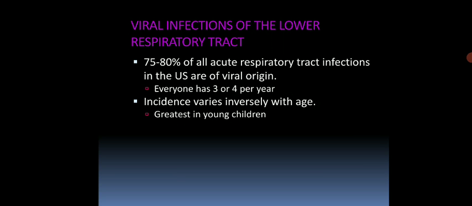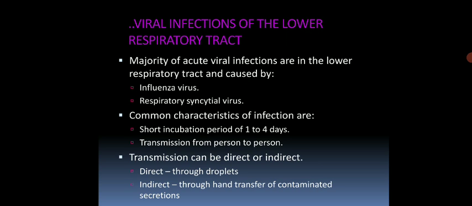Then in case of viral infections of the lower respiratory tract, 75 to 80% of all acute respiratory tract infections in most of the country are caused by viruses, and the incidence varies with different age groups, and it can be seen in young age groups also. The majority of acute viral infections in the lower respiratory tract are caused by influenza viruses, again the common respiratory illness, and respiratory syncytial viruses.